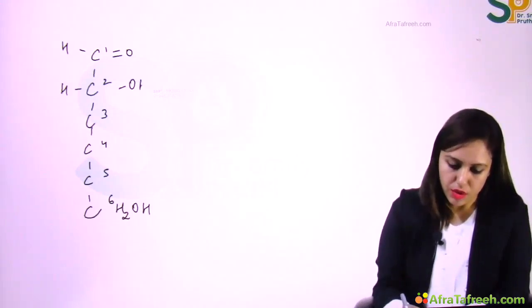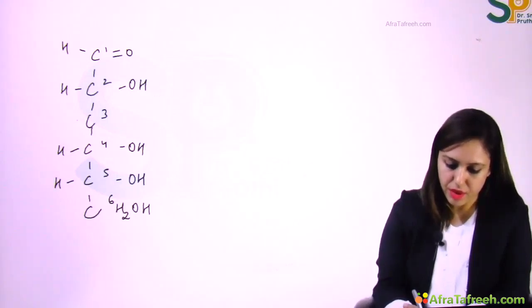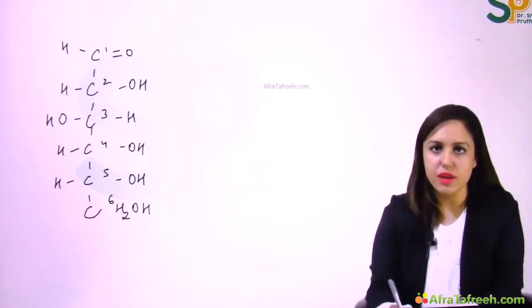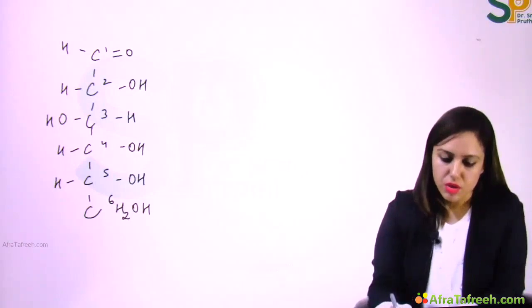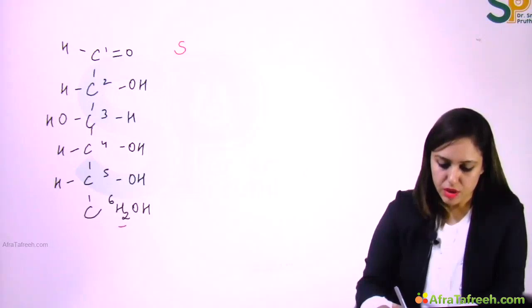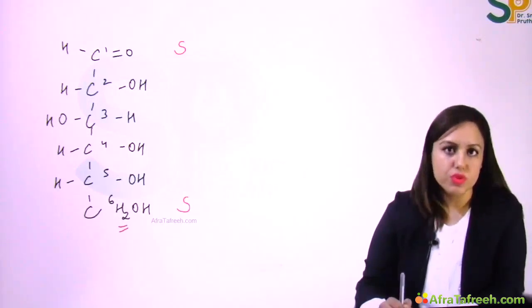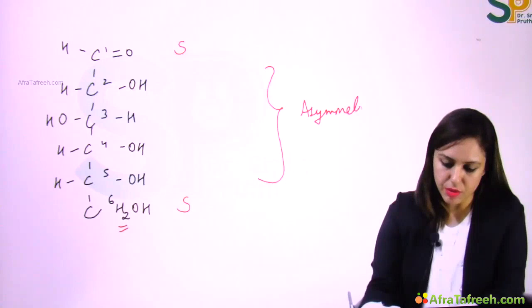On remaining carbons make H on left side, OH on right side, but at C3 OH on left and H on right. This is the structure, right? So C1 is symmetric, double bond O. C6 is having 2 hydrogens. This is also symmetric. Other 4 carbons are asymmetric carbons.